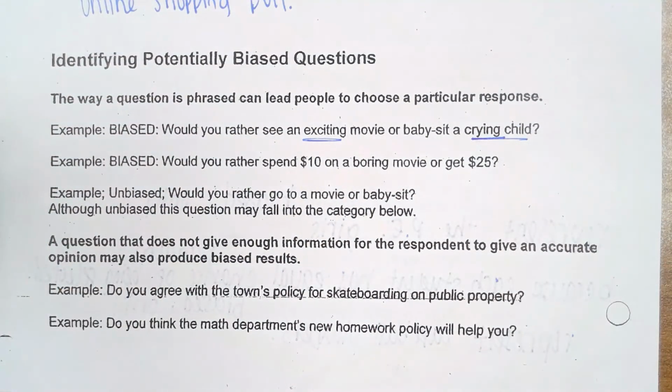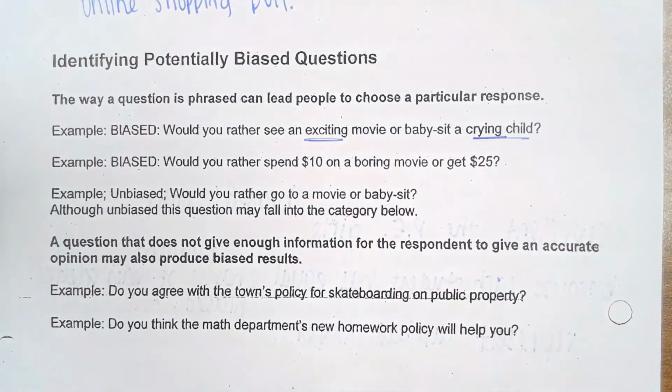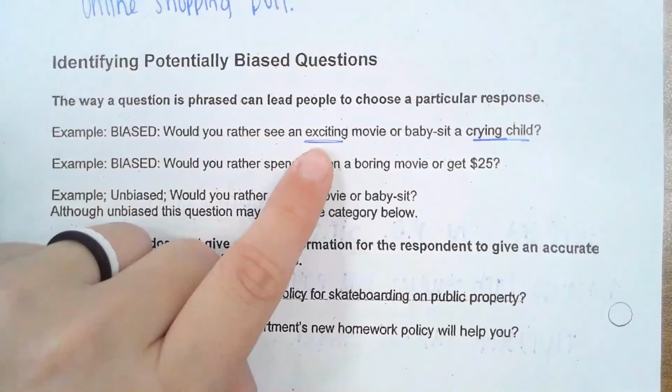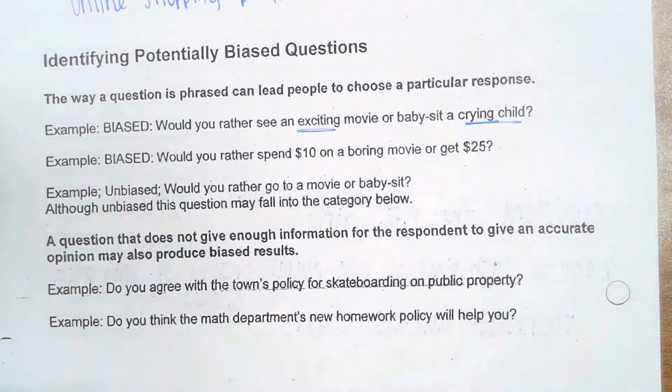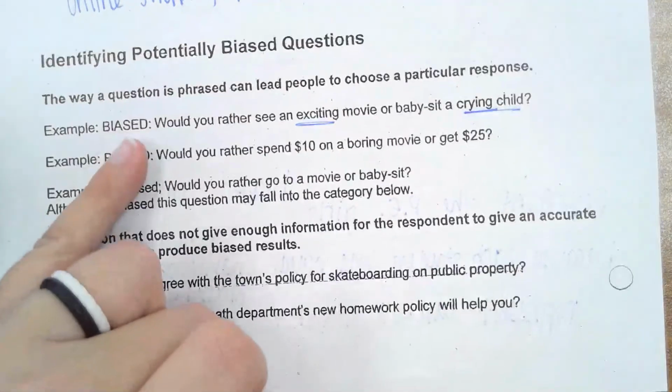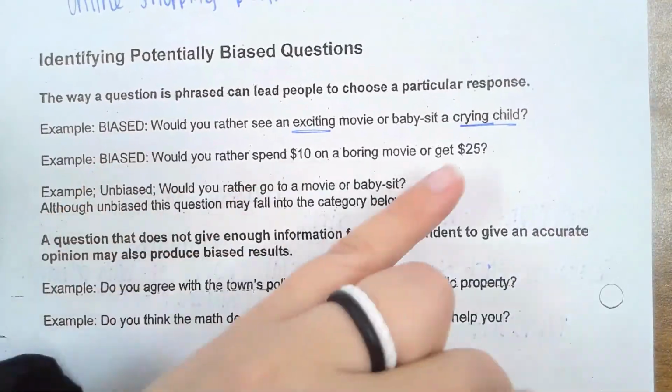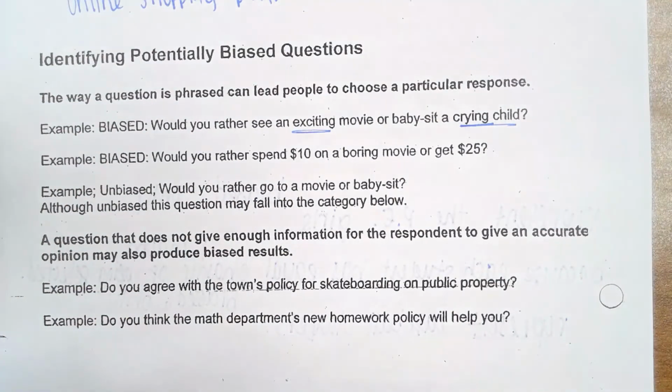Obviously those adjectives, exciting and crying child, are going to help lead people to choose a particular response, because most people are going to want to choose the exciting movie over babysitting a crying child. So we would say that this is biased because it leads people to choose one over the other.